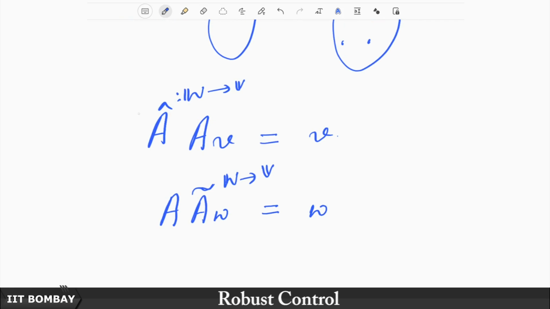Remember, both of these are then identity maps.